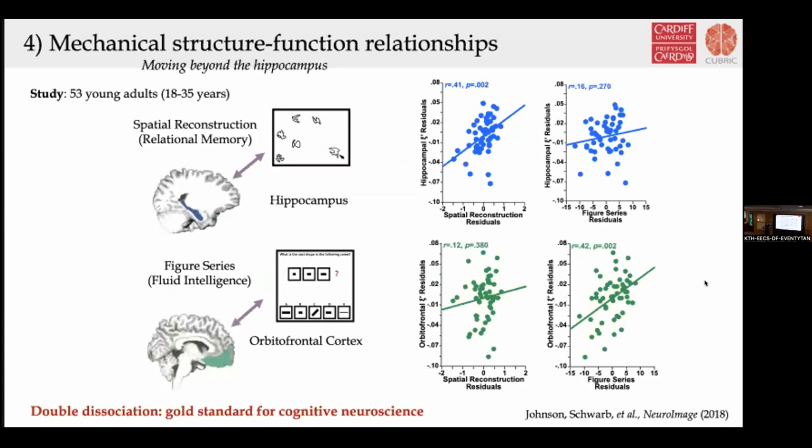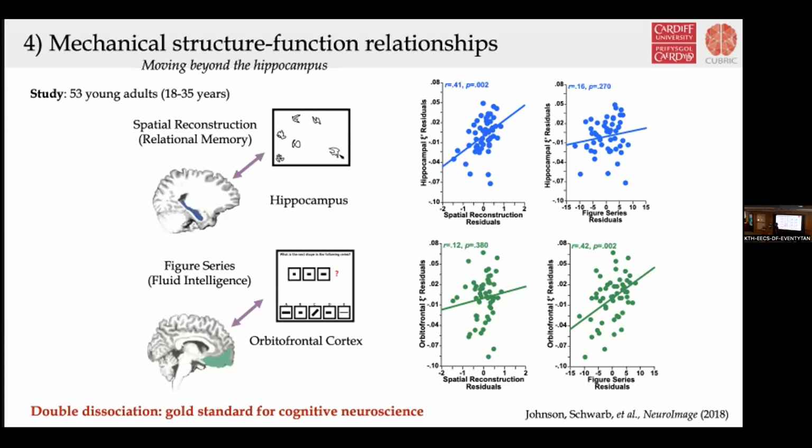While these results obviously show considerable promise for examining the hippocampal memory relationship, we also thought, looking at wider brain mapping approaches, does this relate to other cognitive domains as well? Could we find this in another function? And that happens to be the case. Here you can see the damping ratio of the hippocampus with spatial reconstruction shows a strong correlation.